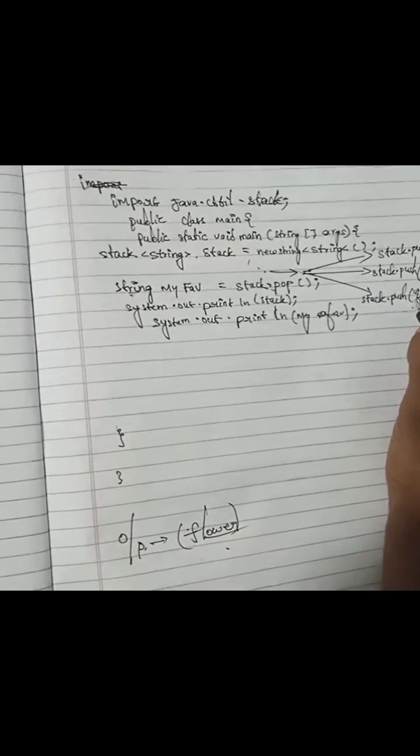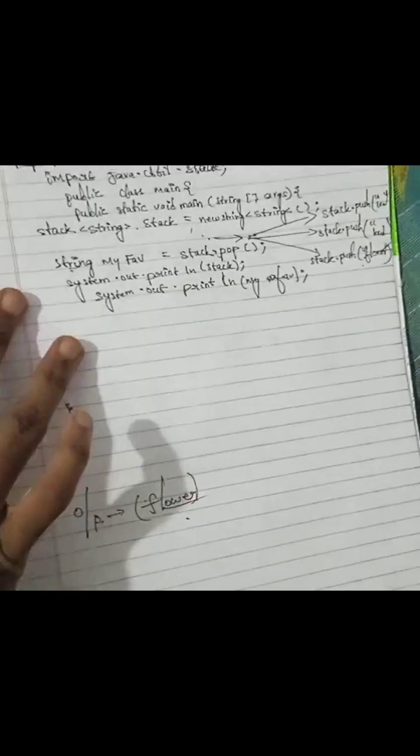The pop element does not print in the output, so we're going to print the output. By using these syntaxes we print the popped element as output. That is the main purpose of this code.